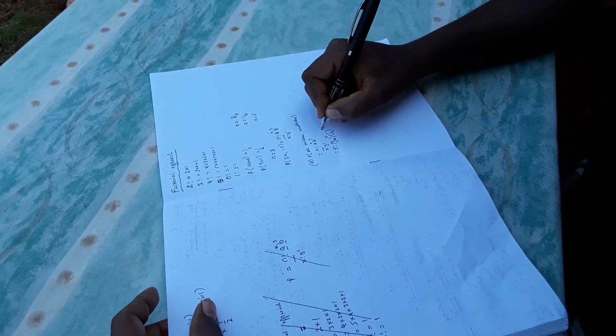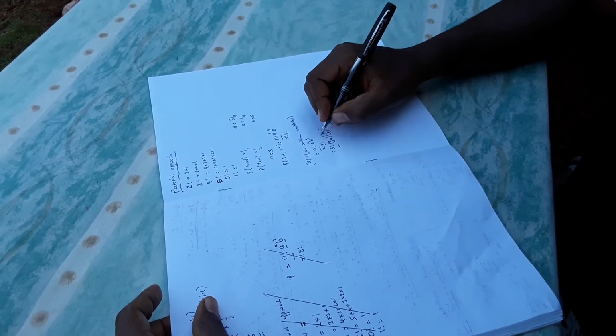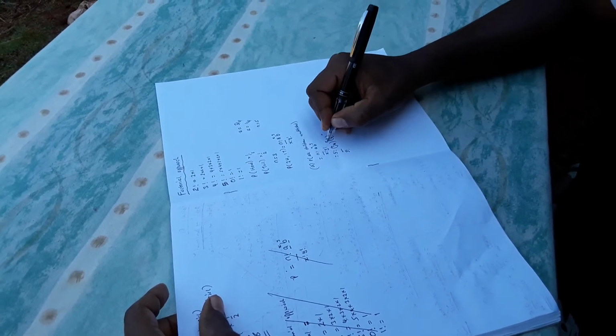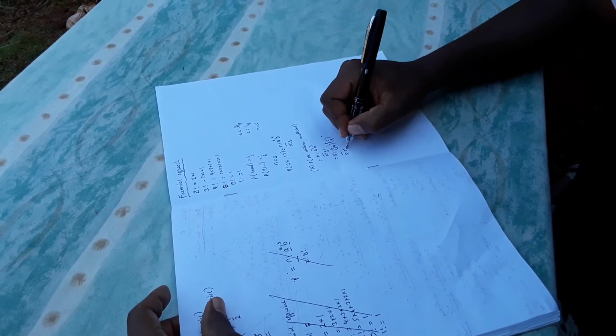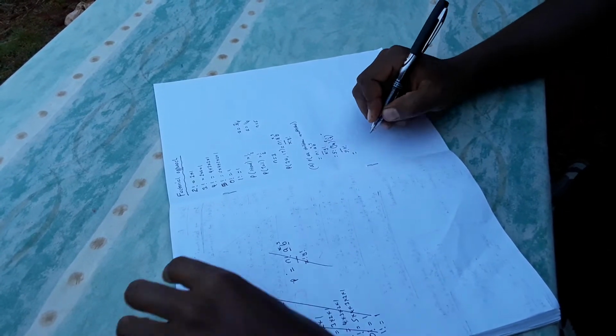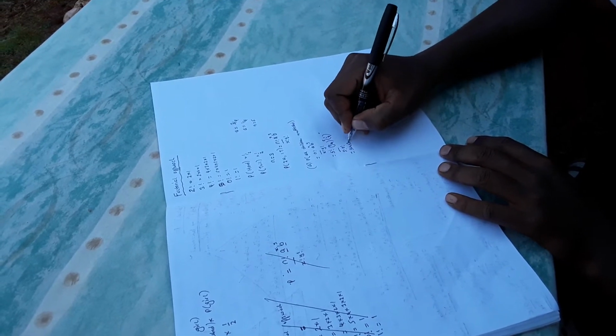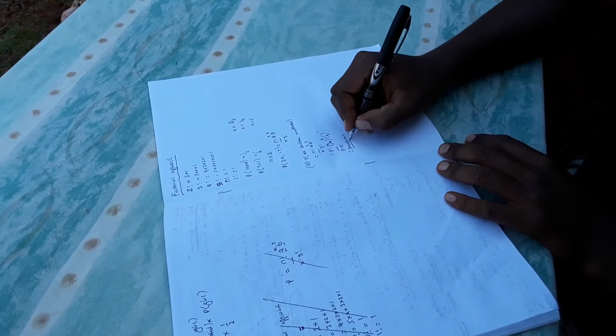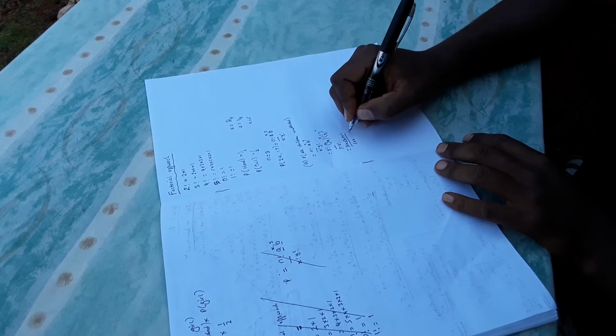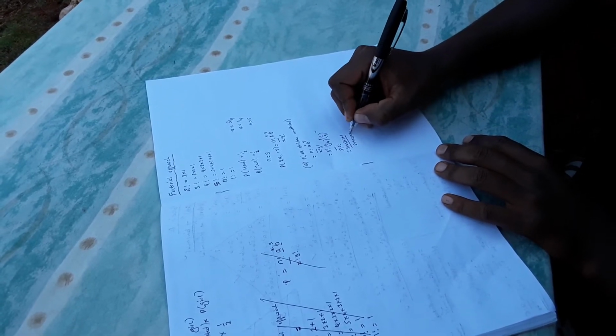Then 1 over 4 to the power 0, all over 5 factorial multiplied by 0 factorial. You write out the number 5 by 4 by 3 by 2 by 1 over 5 by 4 by 3 by 2 by 1.